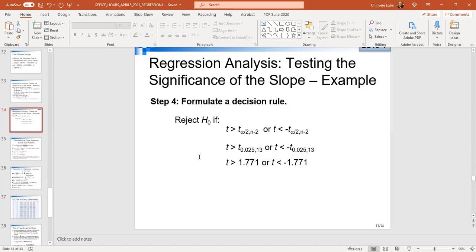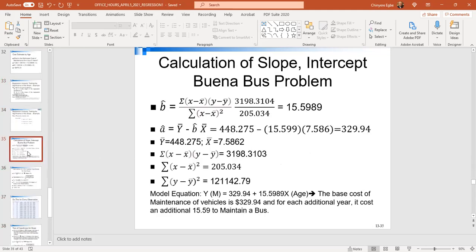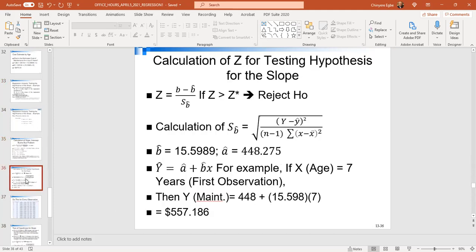All right, and like we said, we're going to select the test statistic, okay? So for this particular problem, the test statistic we're using here is a Z, and so we calculate a Z value.